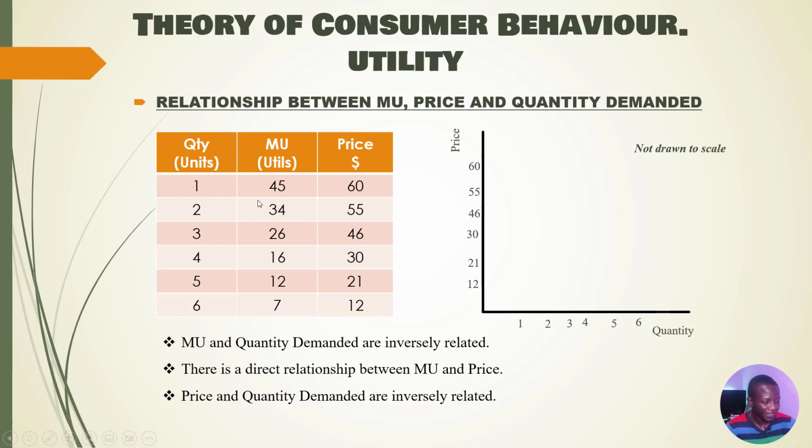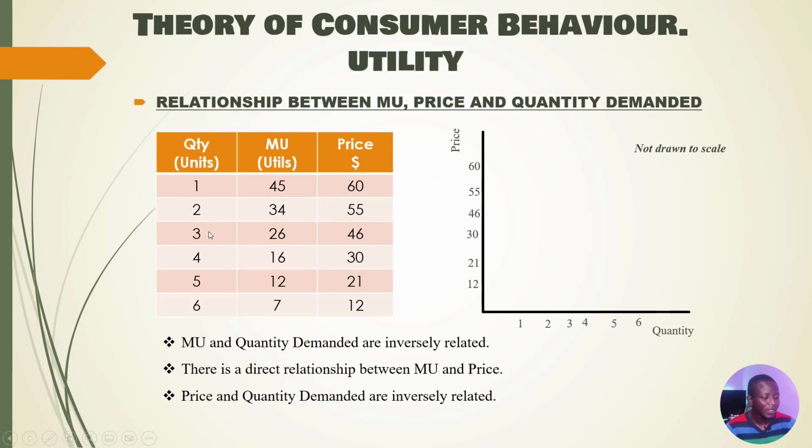So from this example, when you consume the first unit, you had a utility of 45. When you consume the second unit, you had a utility of 34, which is smaller than the utility that you derived from the first unit. So you'll be willing to pay less to get the second unit.